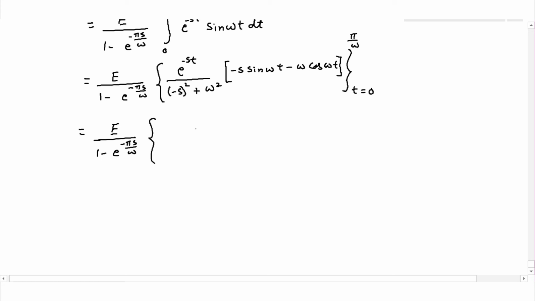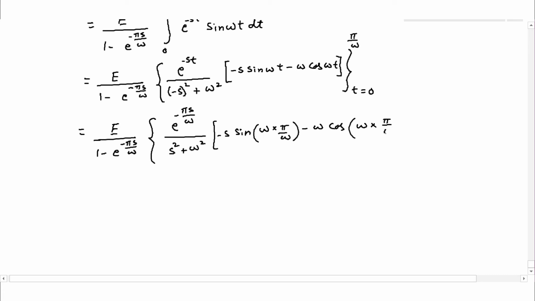If you apply the upper limit value, it is e power of minus s times the upper limit pi by omega, so it is pi s by omega, whole divided by the denominator, minus s whole square, which is s square plus omega square, and over here you have minus s times sine of omega into t value pi by omega, minus omega into cos of omega into t value pi by omega. So this whole is your upper limit value.